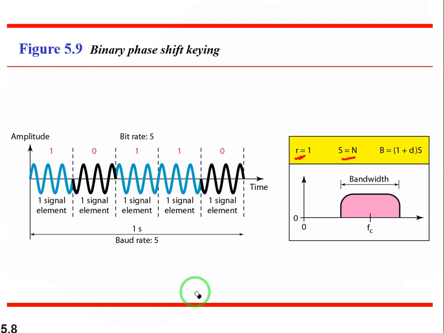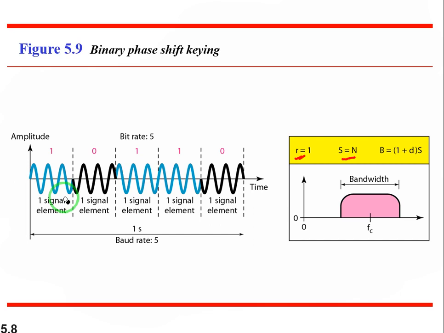In a phase shift key we are just changing the phase, which is not easy for communication, but in an amplitude shift key we were changing the amplitude of the signal. In amplitude shift key, for a 1 we have a high amplitude and for a 0 we have a 0 amplitude, but in a phase shift key for a 1 we have one phase and for a 0 we have another phase.